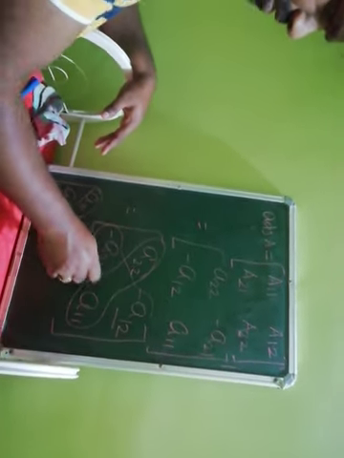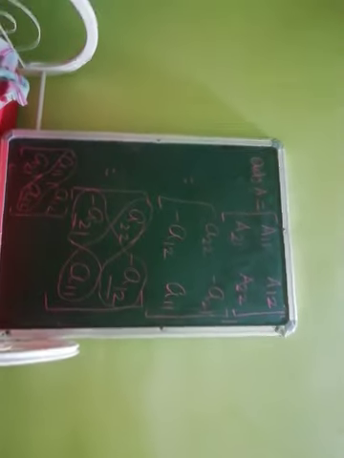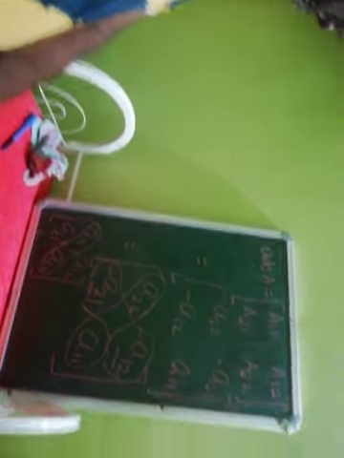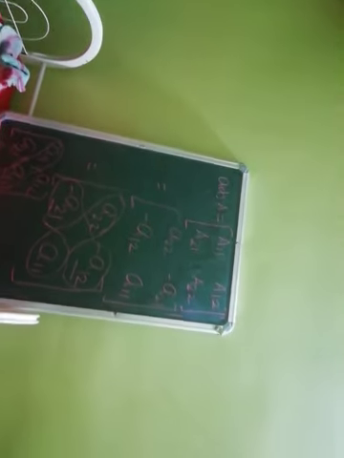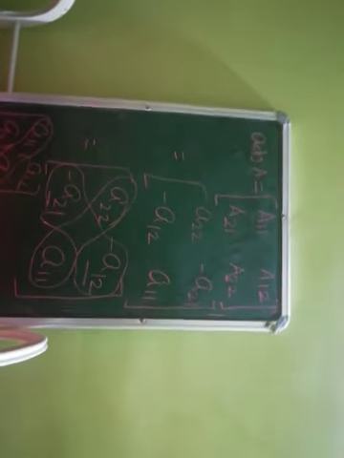This is the basic rule, and by this you can write directly the adjoint of a square matrix of order 2. I suggest that whenever you have to find it, use this; by this you can save time.